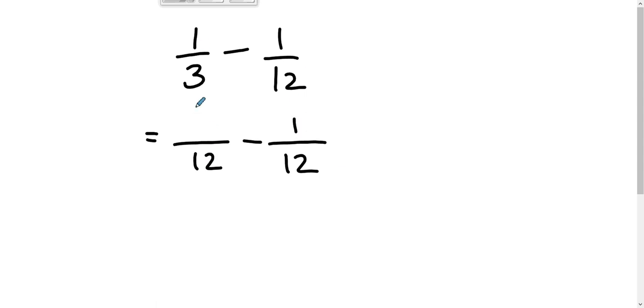How many twelfths are the same as 1/3? Okay, so what's this? If we have 4/12 and someone takes 1/12 away, I sure hope that's 3/12. By the way, 3/12, it should be said, reduces to 1/4.